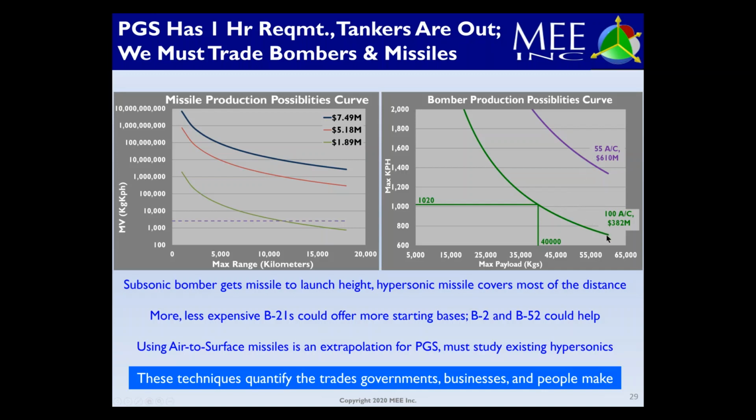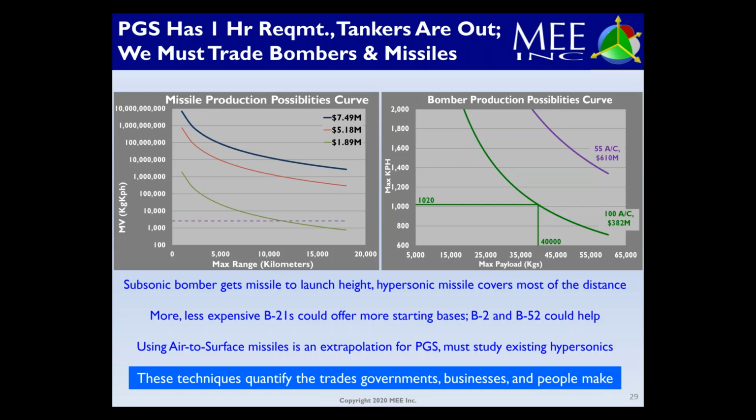A lot of people say, well, I'm going to lose all kinds of capability. Well, you're certainly losing capability, but how much capability is enough? It looks like you've got a 40,000 kilo payload going high subsonic here. And so this is actually not a bad plane, especially if it's stealthy.